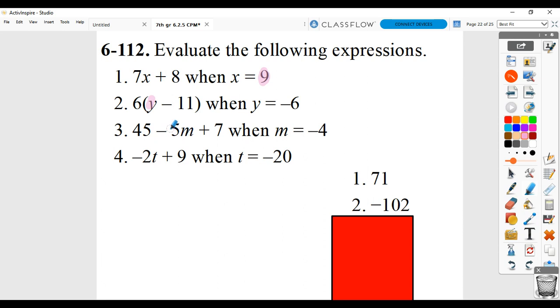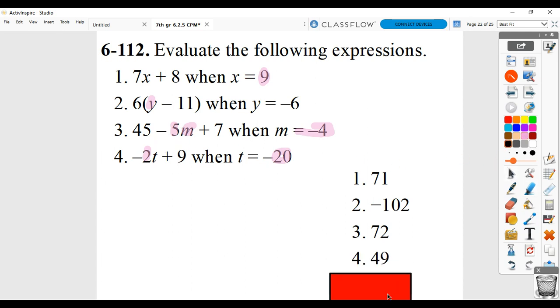For the third one here, you would take 5 times your value of m, which is negative 4. 45 minus that plus 7 gives you 72. And for this one, you would take negative 2 times negative 20 and then add 9 to that, which gives you positive 49.